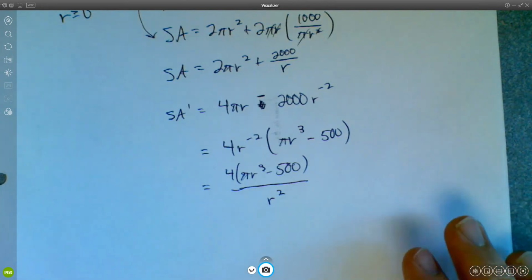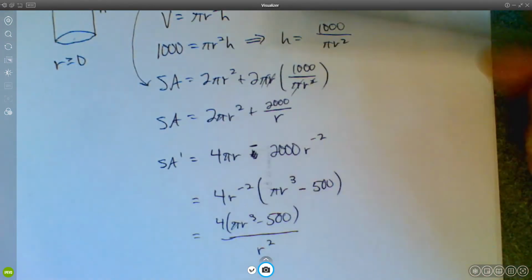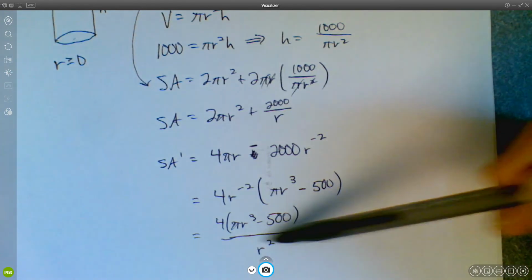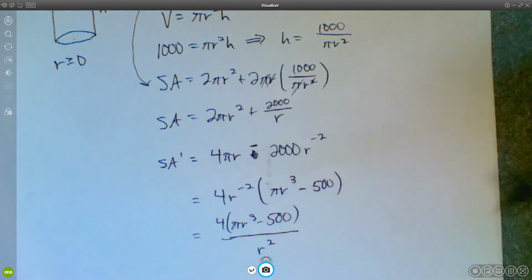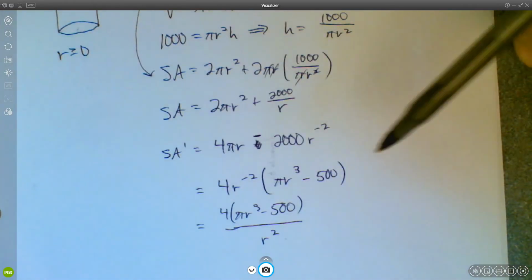So this function is not differentiable at r equals 0. Okay, so that's a value that we might want to check out.